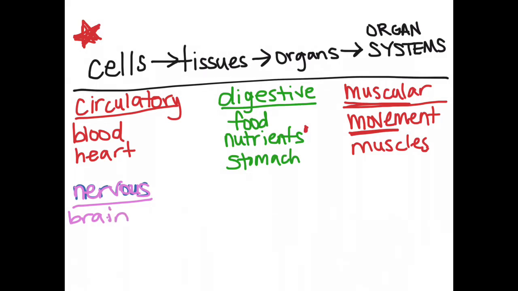Those are the two most important parts of the nervous system. And they communicate by using electrical signals. They send electrical signals throughout our bodies.